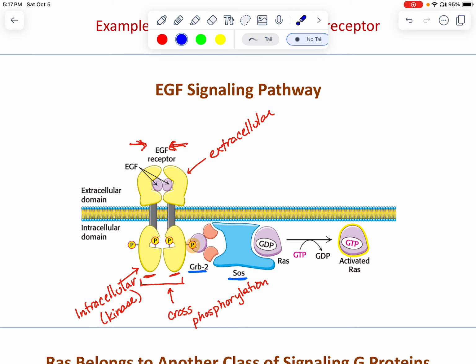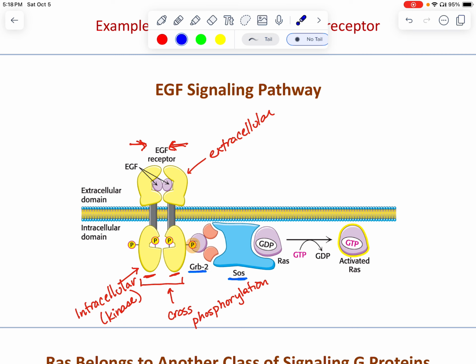And then what we see is that that SOS protein undergoes a conformation change to allow this RAS protein to bond. Okay, so the RAS protein right here is a type of G protein.